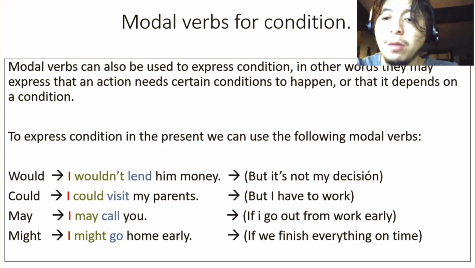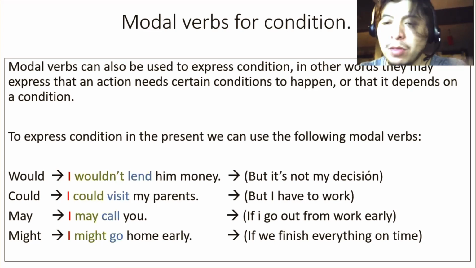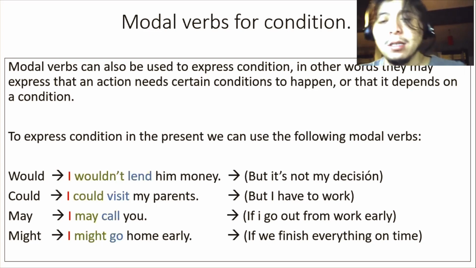We were speaking mostly about modal verbs for obligation, for necessity, modal verbs for ability, capacity, possibility, permission, and future, right? And we were checking how we need to use some modal verbs to complement everything that we can say with them. Also, on the last video, we were speaking about modal verbs for deduction.